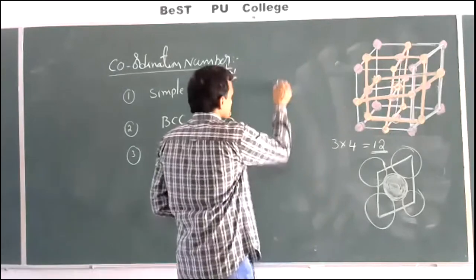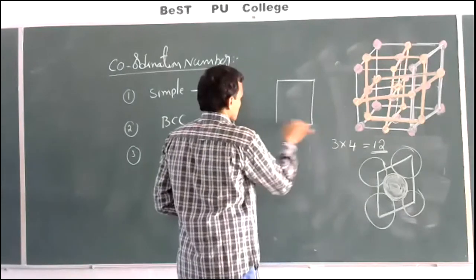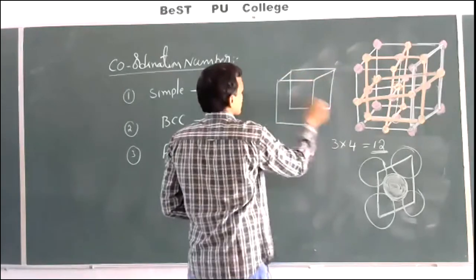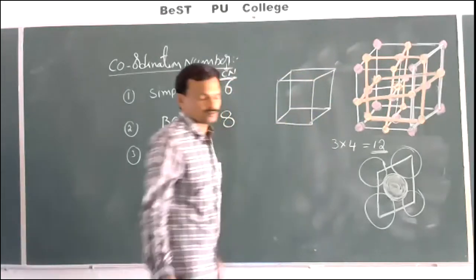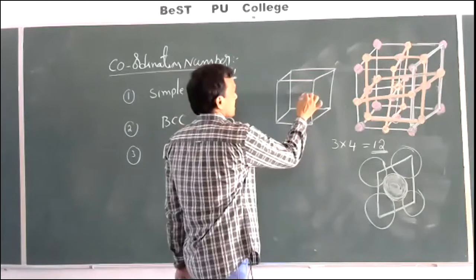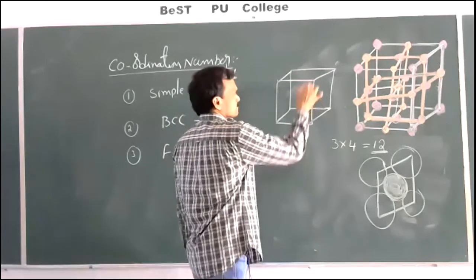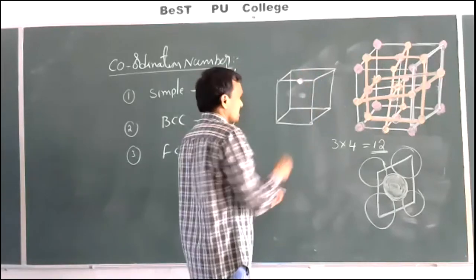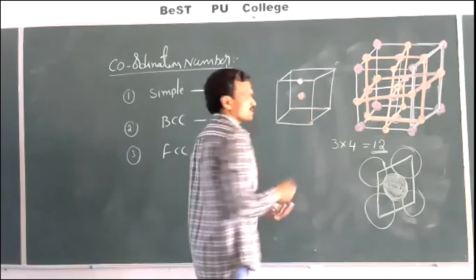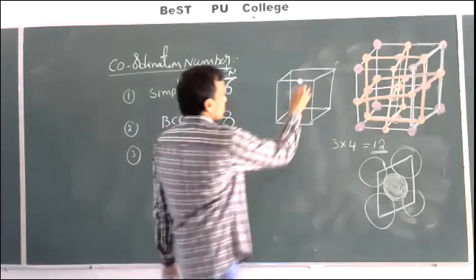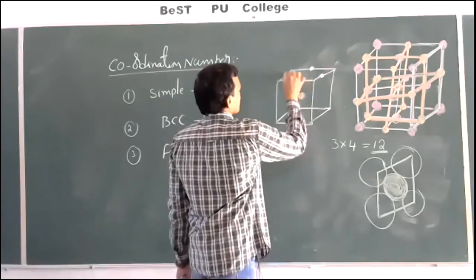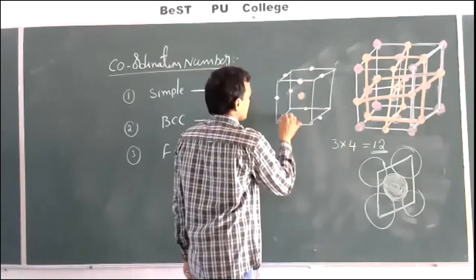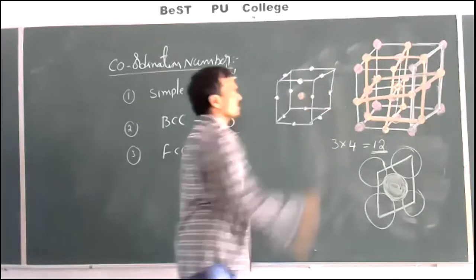Once more I will show the same diagrams here. Let's assume this is a particle, the particle which is present at the face center region. 1, 2, 3, 4, 5, 6, 7, 8, 9, 10, 11, 12.